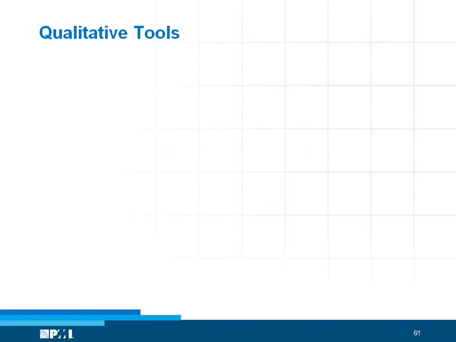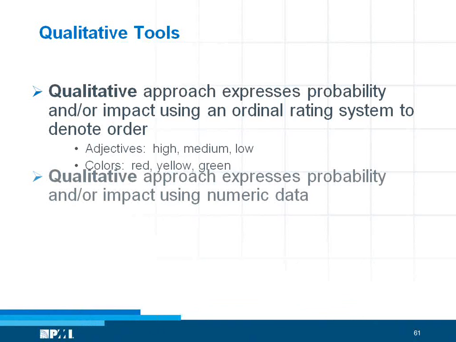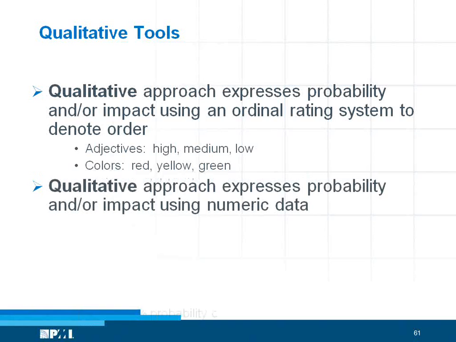Tools: well, multiple tools, qualitative tools. It is just probability and impact. It's an ordinal rating to denote order. I showed you that screen earlier in terms of metrics. You can also give the probability factor and express it in terms of probability.